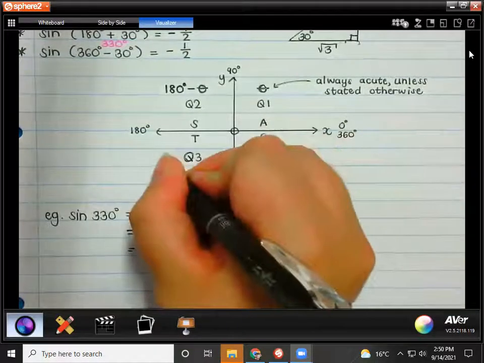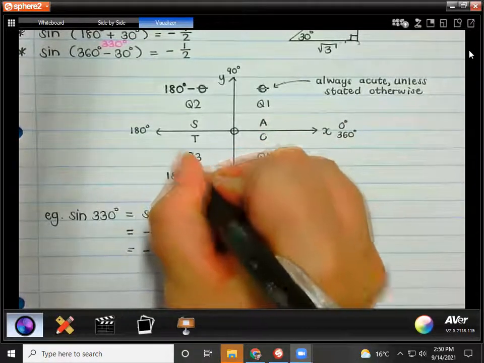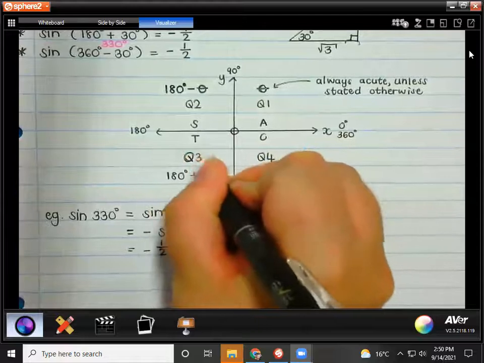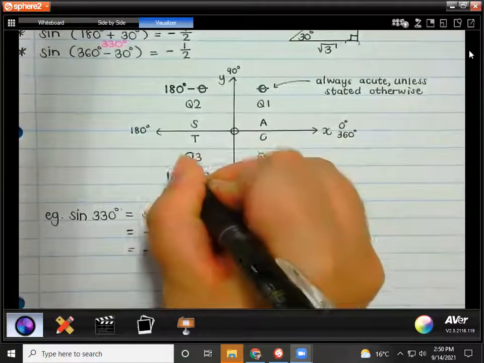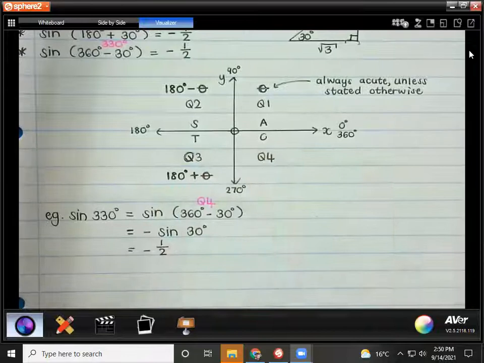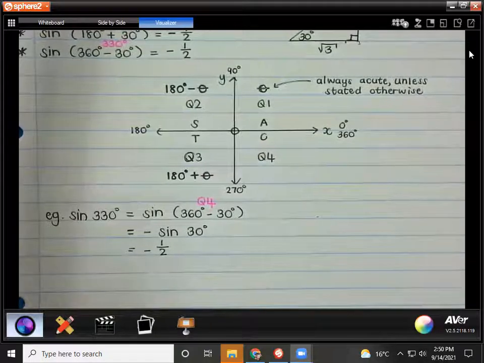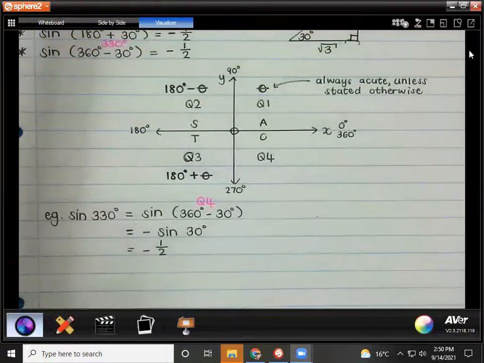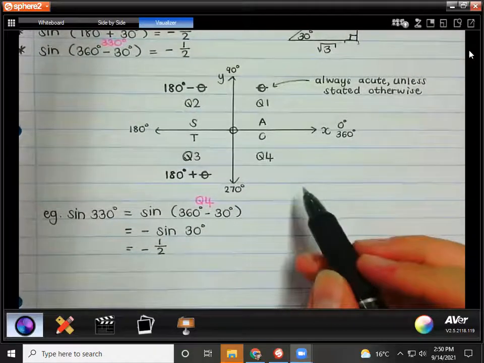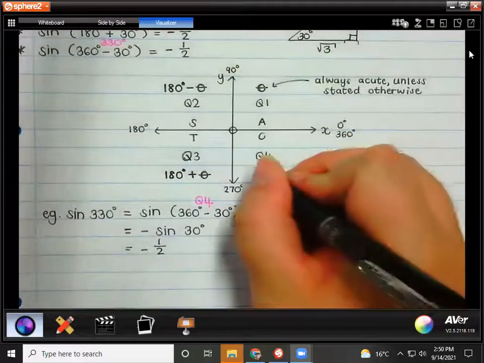180 plus theta, good. 180 degrees plus theta, that will always give us an angle in the third quadrant. So whenever you see 180 plus theta or x, or just an acute angle, that will land you up in the third quadrant. And what about quadrant 4? 360 minus.